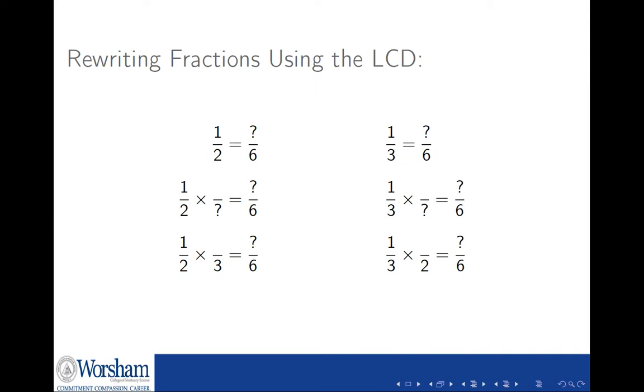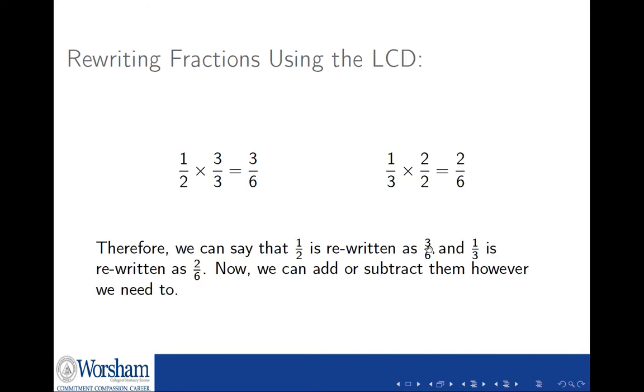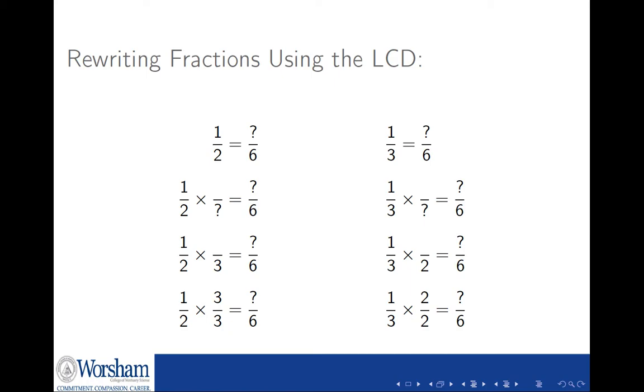Now, since we multiplied the bottom numbers by 3 and 2, respectively, we've got to multiply the top numbers by 3 and 2 respectively. So 2 times 3 gets me 6. Now 1 times 3, well, that should give me a 3 for my question mark right here.